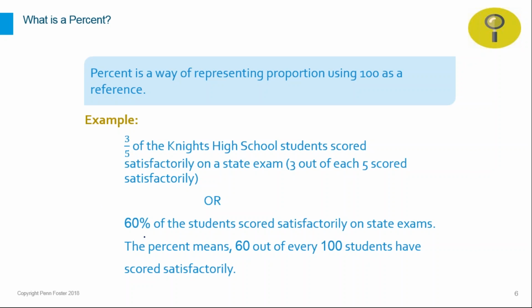Or I can say the same fraction, 3/5, represented in percent: 60% of that same school scored satisfactorily in the state exam. And if I want to go deeper into the meaning of 60%, I understand that as 60 students out of 100 students scored well on the state exam. So this is, in brief, what percents mean and how we use them in our lives.